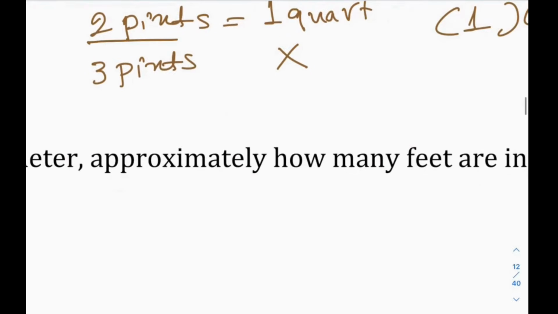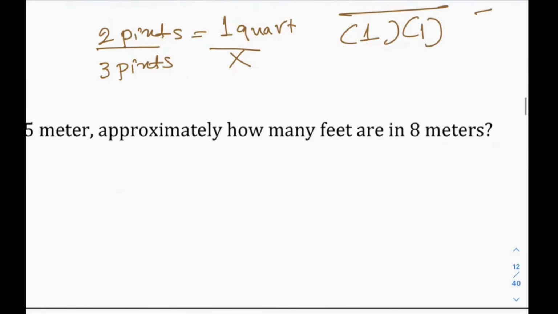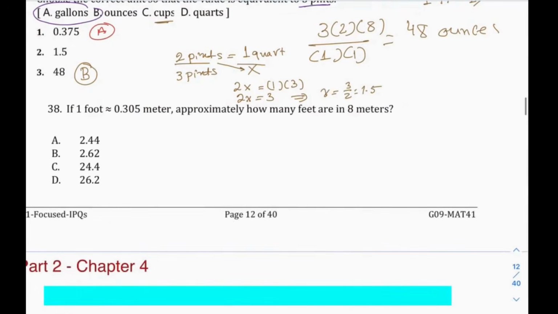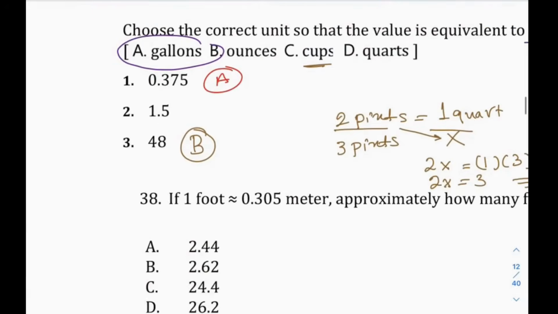You can put it as a proportion, and you can do it this way. X times 2 equals 1 times 3. So 2x equals 3, and x is 3/2, which is 1.5. What? Quarts. So for the quarts, we have here the.